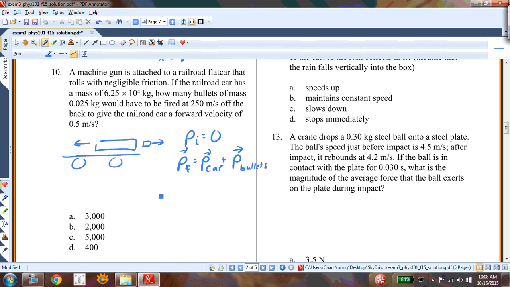So Pi equals Pf, 0 equals the momentum of the car, that's the mass of the car, 62,500 kilograms, times the final velocity of the car, which I want to be 0.5 meters per second.